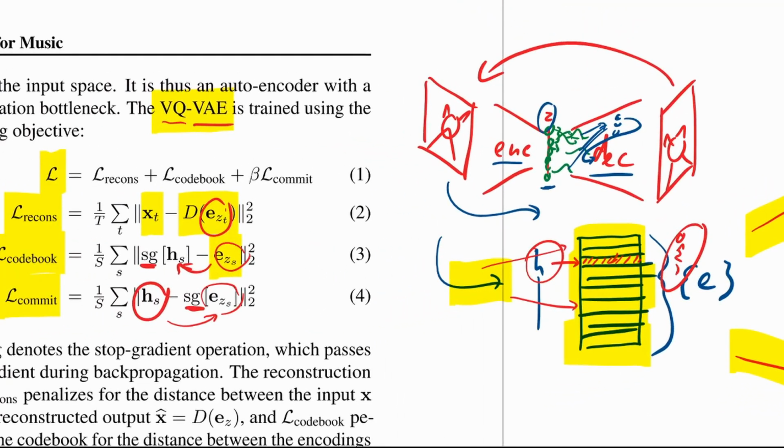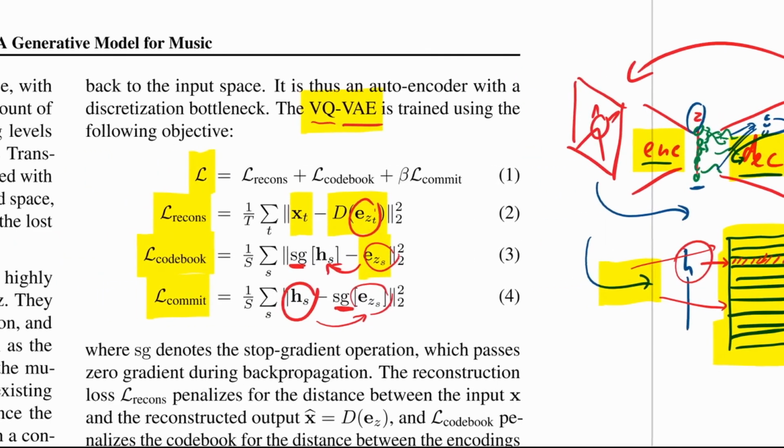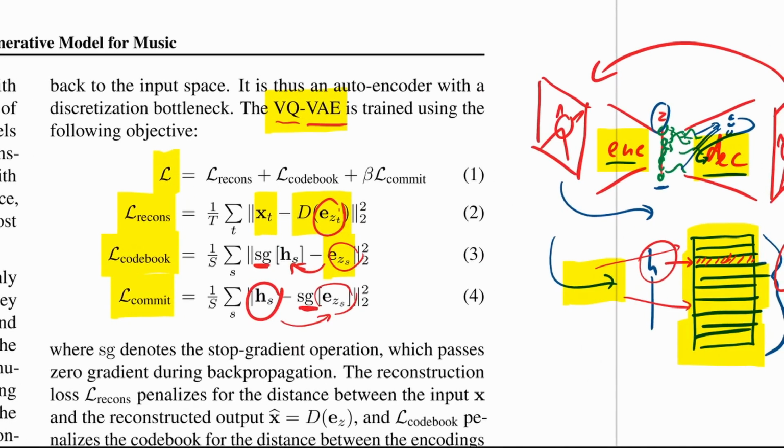You train the encoder and the decoder to reconstruct. You train the codebook vectors to represent the data, and you also train the encoder to make good use of the codebook vectors.